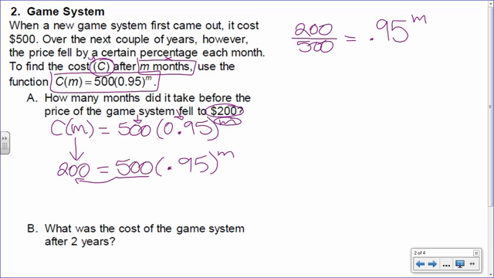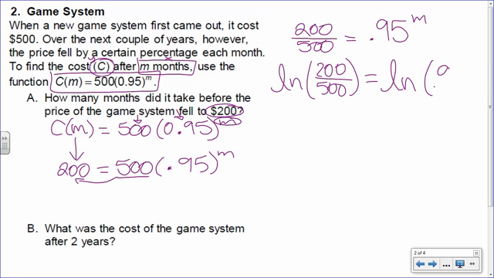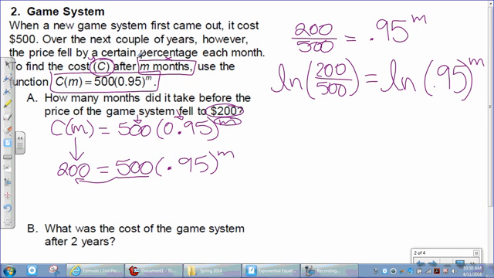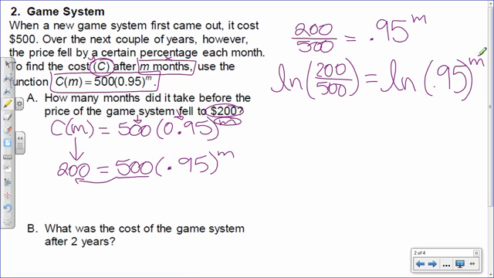And one thing we could do here is take the natural log on both sides. That never fails to work. And as long as we do it to both sides, we know we're okay. Then we take the exponent, and I'm going to use the power property here, this one to the front.